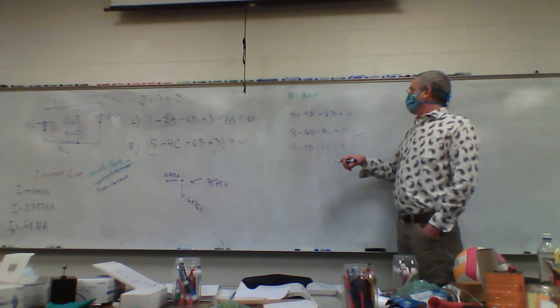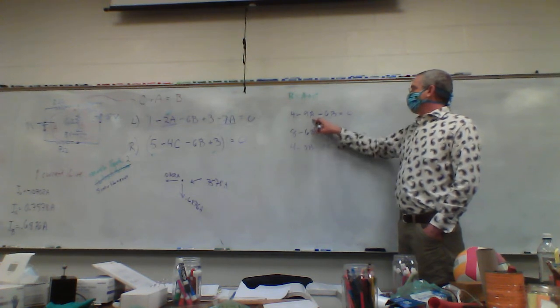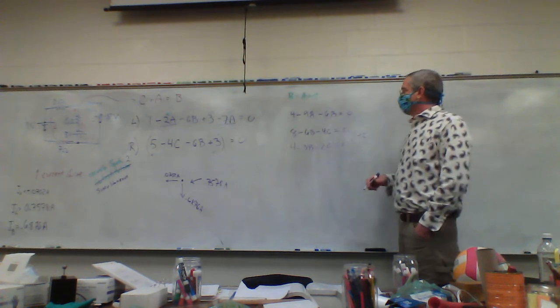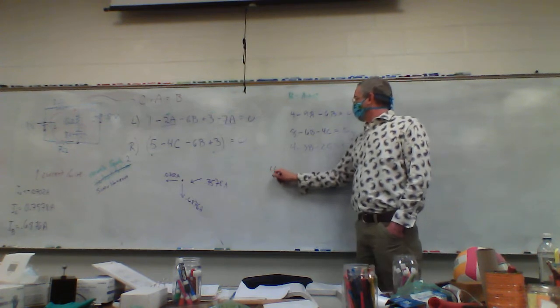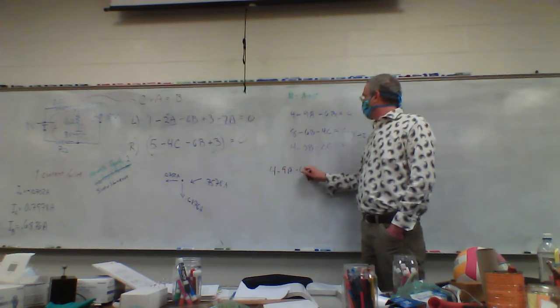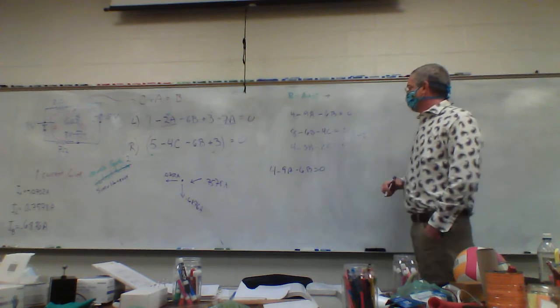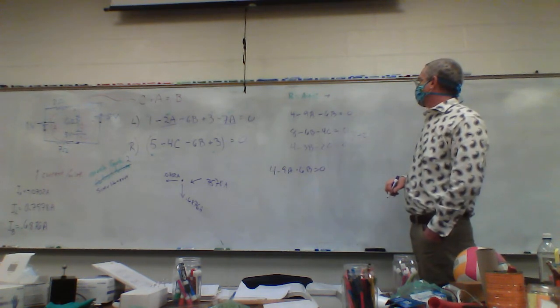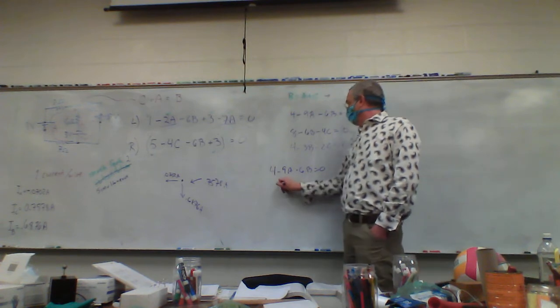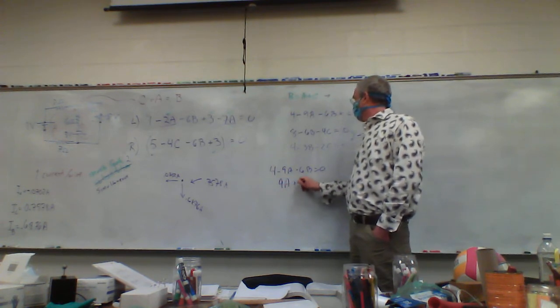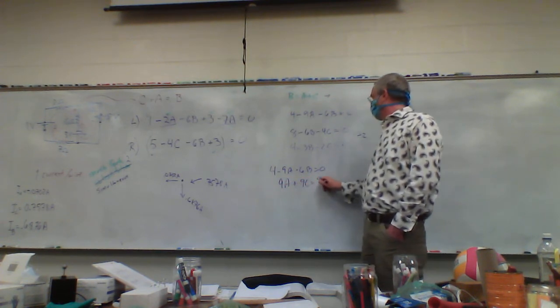So what I'm going to do is get rid of A from this equation right here. So I've got 4 minus 9A minus 6B equals 0. And this equation here, I could just multiply it by 9 as is. So I get 9A plus 9C is equal to 9B.